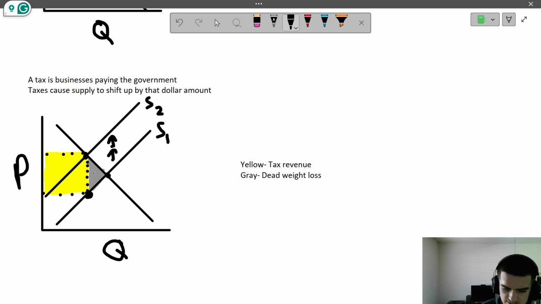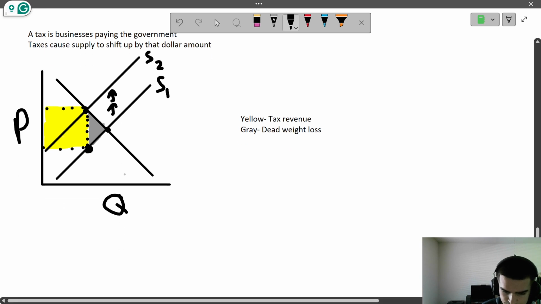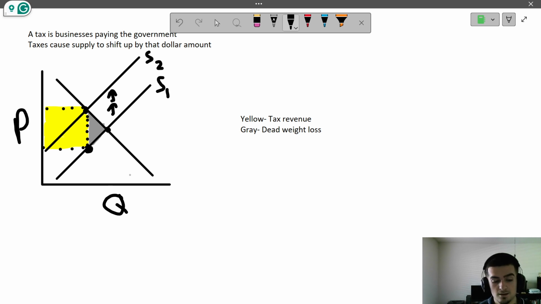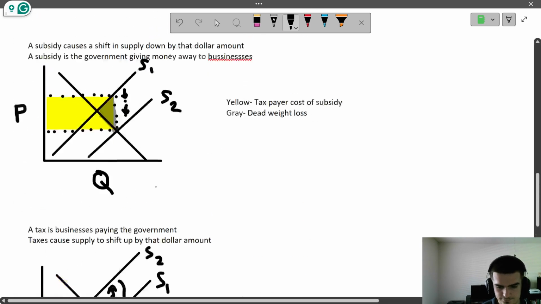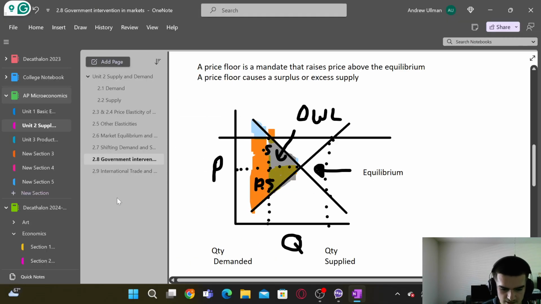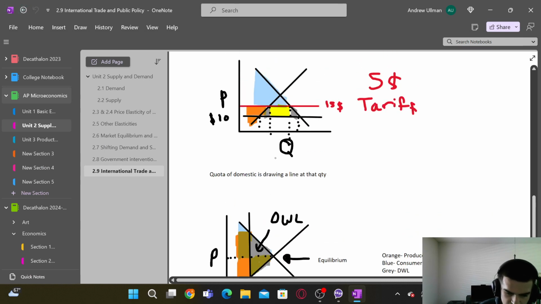And then the revenue from the taxes is the difference, the cost of the tax. So this amount times quantity. Yeah, that is government intervention.